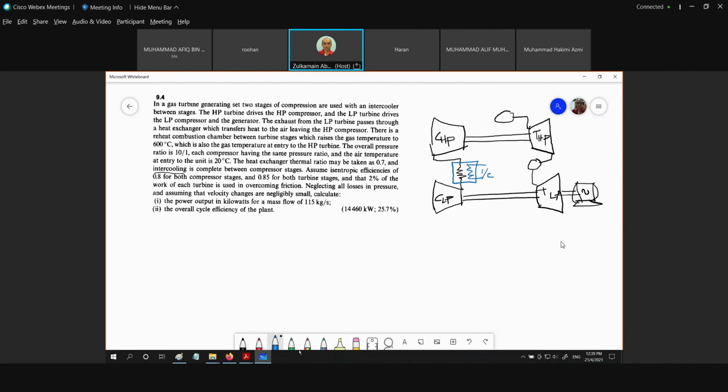Then we can see right here, there is a heat exchanger with thermal ratio of 0.7, and it is described as the heat exchanger ratio. So the overall pressure ratio is 10. Each compressor has the same pressure ratio, and the air temperature at entry is 20.